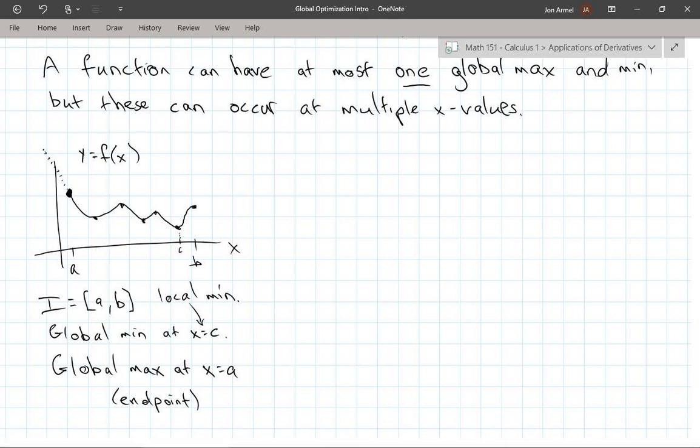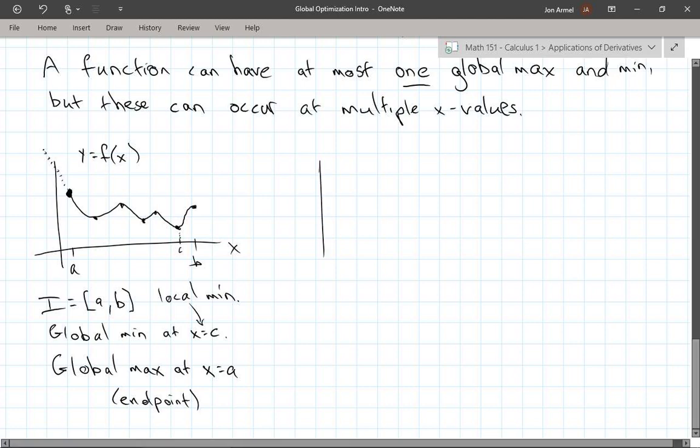Okay, so let's look at another example. How about this one? So maybe our interval is 0 to infinity. And my function is maybe something like e to the minus x, where it goes like that. Okay.